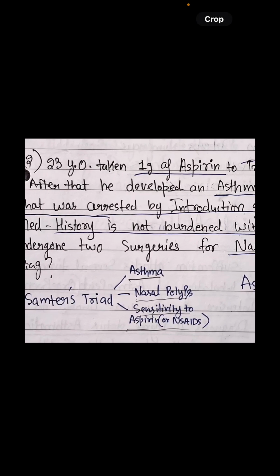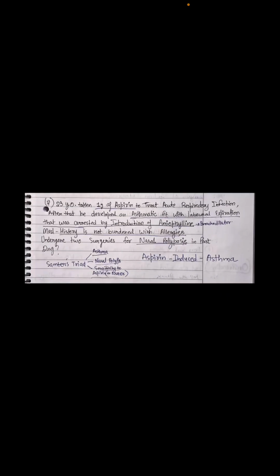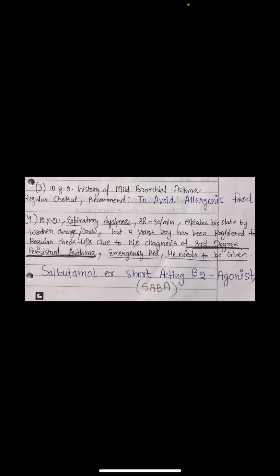So you have to remember that this is aspirin-induced asthma. This was the common product or allergen through which the patient started to show the symptoms of asthma, expiratory dyspnea.